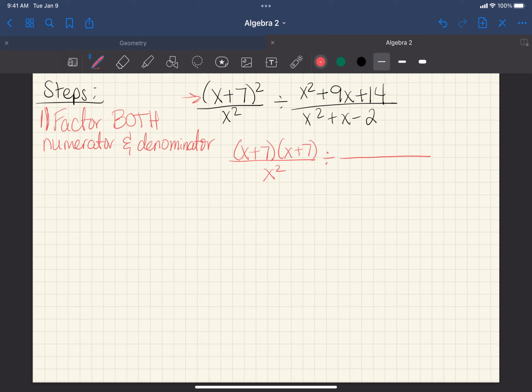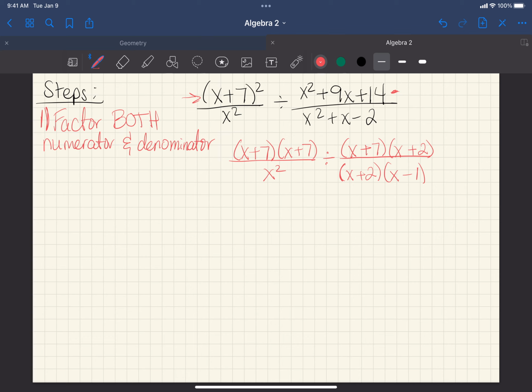You'll find it in the Fun with Factoring section. When I factor this numerator out, it's going to give me x plus 7 and x plus 2. And the denominator is going to factor to x plus 2, x minus 1.